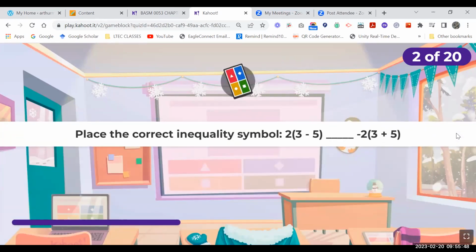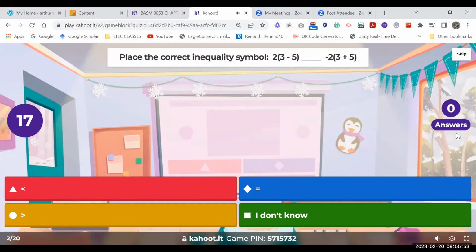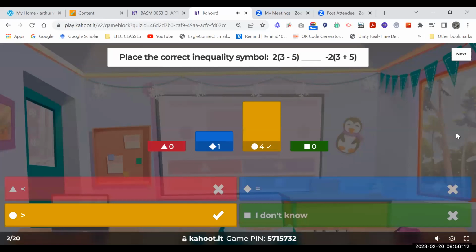Here's question number 2. Inequality symbol here. Excellent. Okay. No, there's no division sign. It's a minus sign.